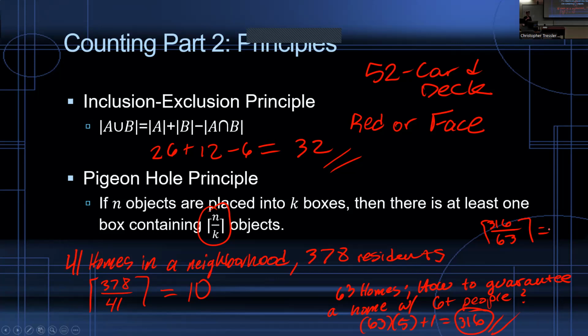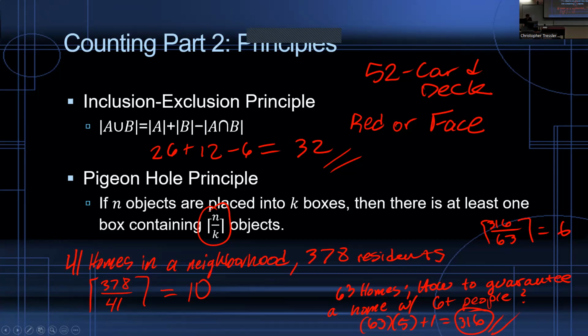So I get barely above 5, which once again, if we ceil it, we're going to get 6. So that's the lowest value that would guarantee that there are at least 6 people in at least one home. Hopefully that makes sense to any of those who were struggling with this principle.